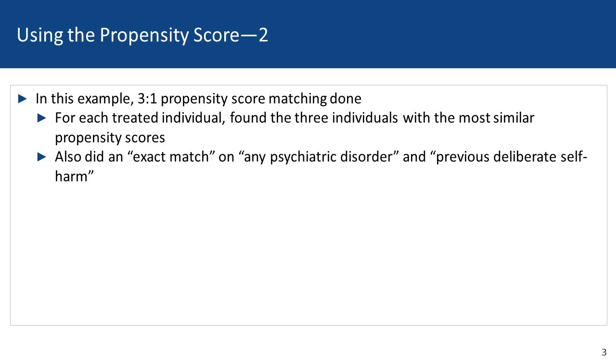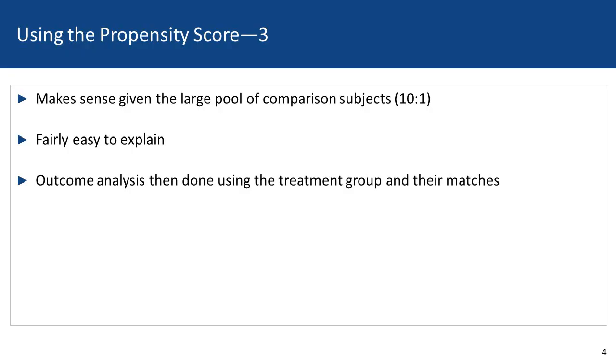In this example, the 3-to-1 propensity score matching made sense in part because we had such a large pool of comparison subjects. We had about a 10-to-1 ratio, so we had 10 potential comparisons for each treated subject, and so it was in some sense easy to find 3 people who looked like each of them. Another nice thing about matching is that it's fairly easy to explain.